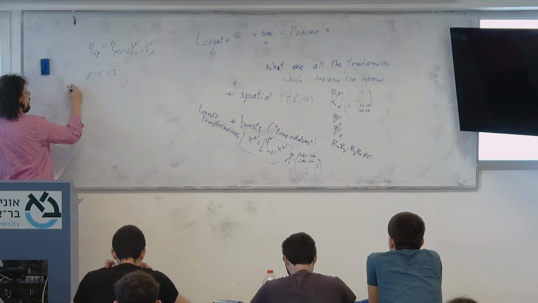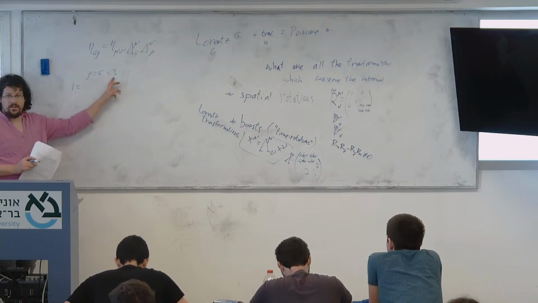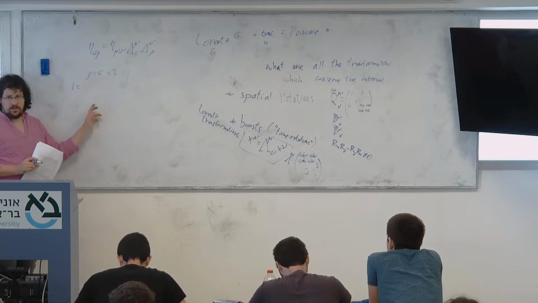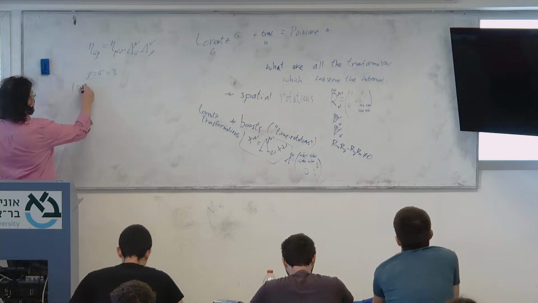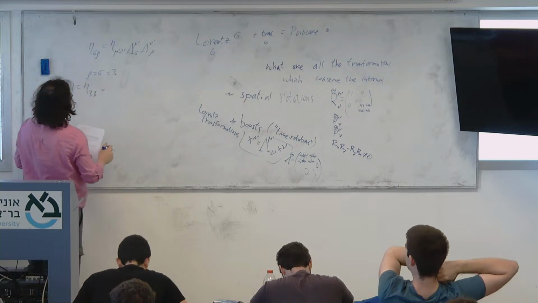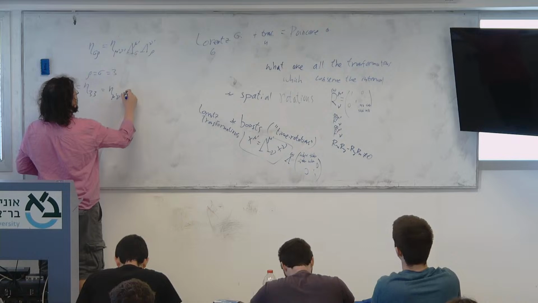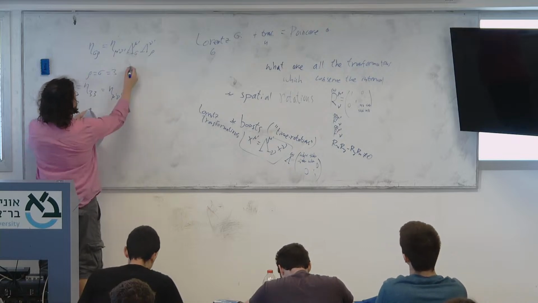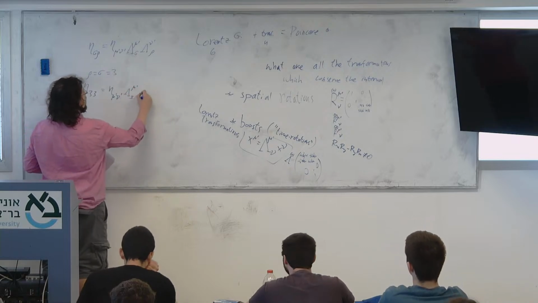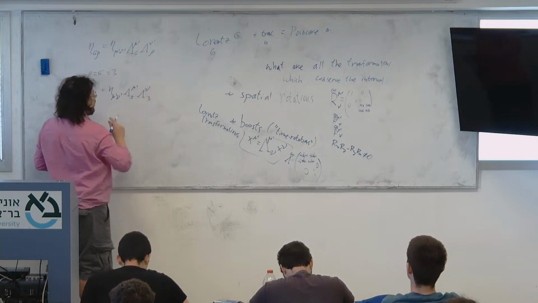So it has to be 1, right? If this were 0, it would be minus 1. If it's 1, 2, or 3, then it's plus 1. That's eta 3, 3. And so by definition, this has to be eta mu prime nu prime, lambda mu prime 3, lambda nu prime 3.